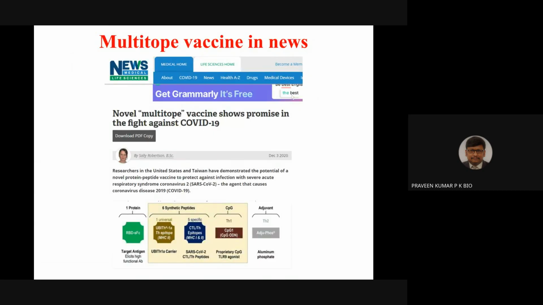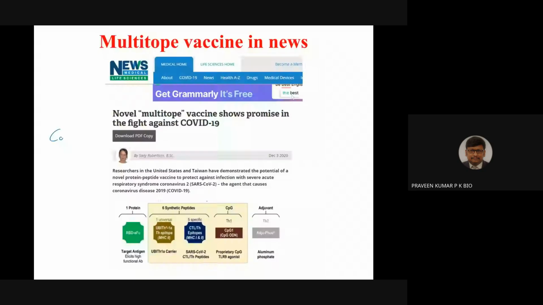Like this, we can see it in Nipah virus also. I just mentioned the structural and non-structural parts. Now let me take another example, how to prevent SARS-CoV-2. If you see the vaccines, everyone knows about Covishield and Covaxin.